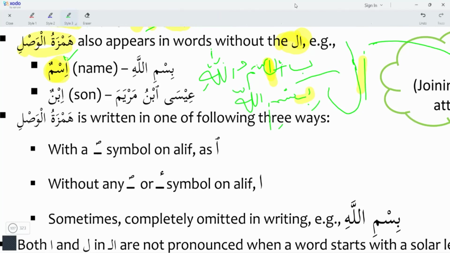And this Hamza we have deleted. So Hamzatul Wasal we don't pronounce, and we can drop it, we can delete it.